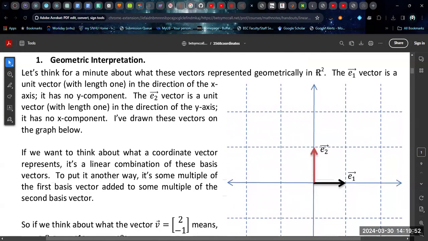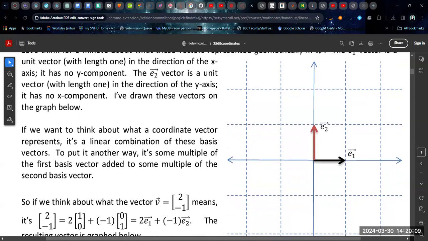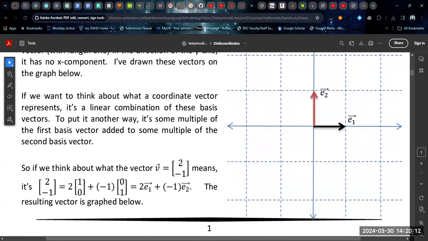Now, geometrically, what are we thinking about? The e1 vector is 1 unit over in the x direction, and e2 is 1 unit up in the y direction. So when I think about a vector v, these are the coordinates, the constants that I'm multiplying by each of my corresponding basis vectors.